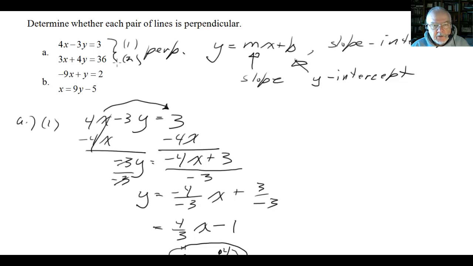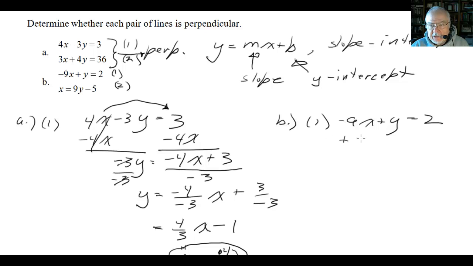Right? So how about these two equations? Let's check and see if they're perpendicular. Again, it's the same process. This is B, and for equation number 1, we have to find the slope. We have minus 9x plus y equals 2.